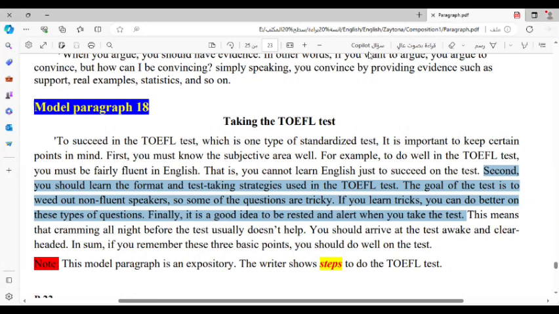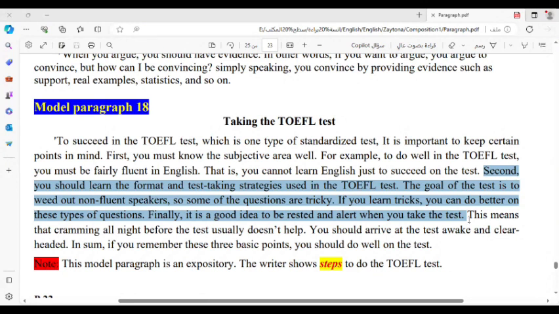The goal of the test is to weed out non-fluent speakers, so some of the questions are tricky. If you learn tricks, you can do better on this type of questions. Finally, it is a good idea to be rested and alert when you take the test.